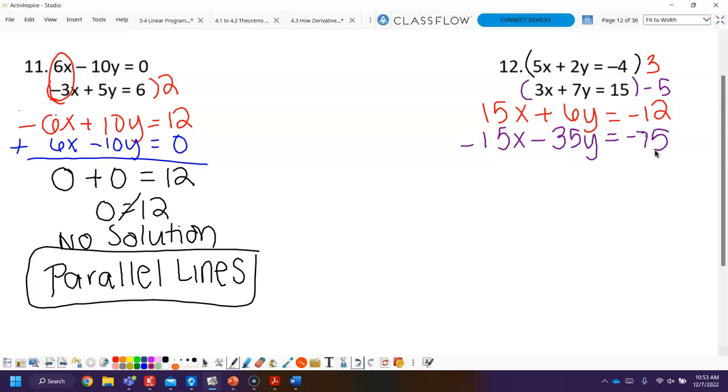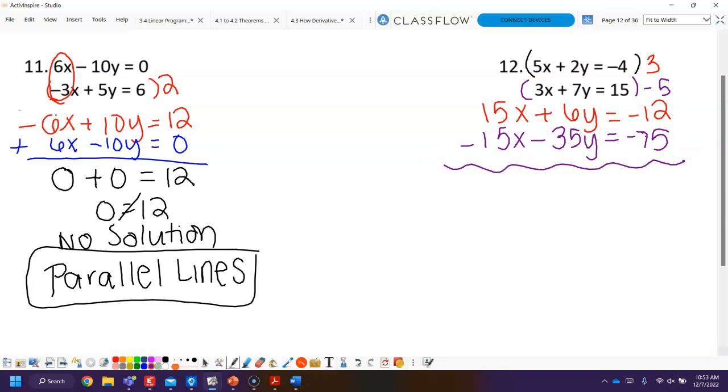Like opposite multiply, so if this is a 5 and this is a 3, you multiply this one by 3 and that one by 5. You multiply them by their opposite like variable coefficient. So this is if you eliminate x.